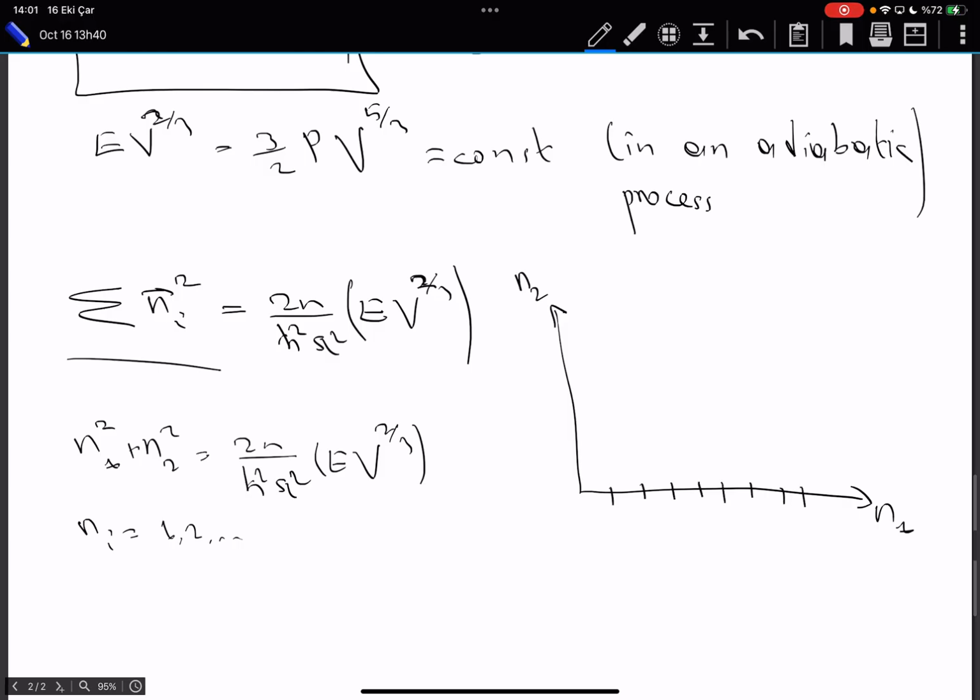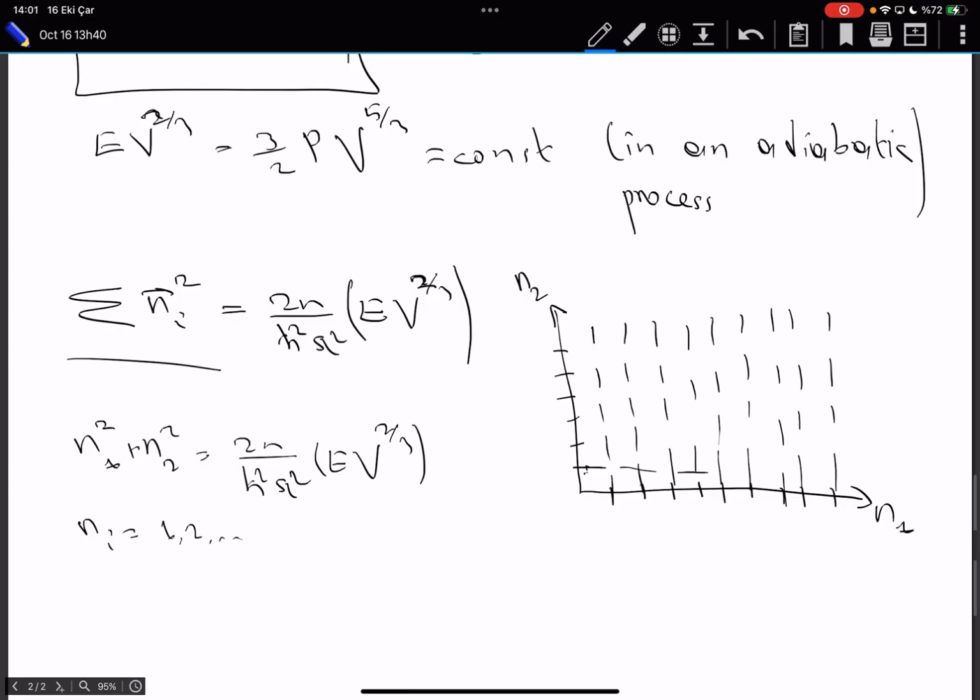I have this grid over here. And each one of these intersection points is a microstate of my system.